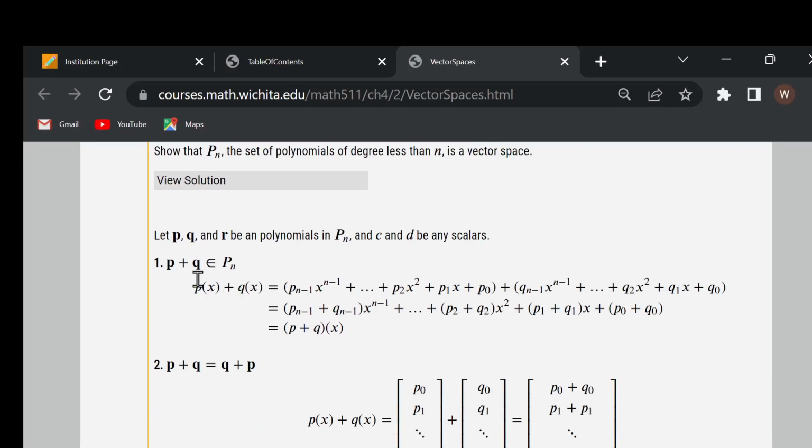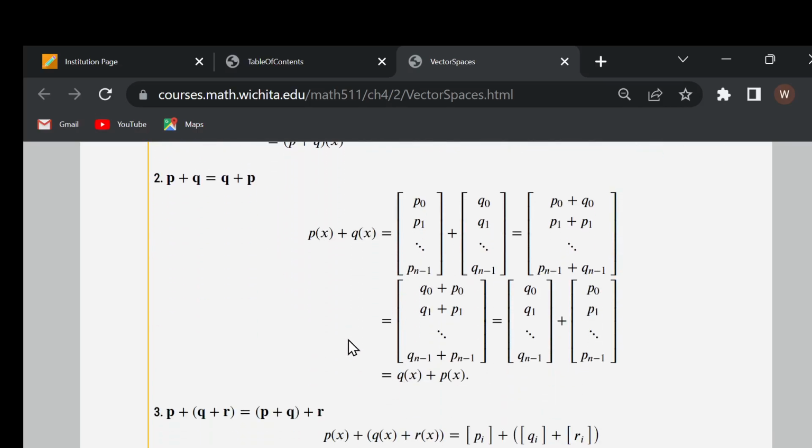Okay. If p and q are vectors in Pn, that means they're polynomials p of x and q of x. We figured that out in the last example, and we can write them this way, only now instead of an m here, we have an n minus 1. But Pn, unlike P, is a finite dimensional vector space.